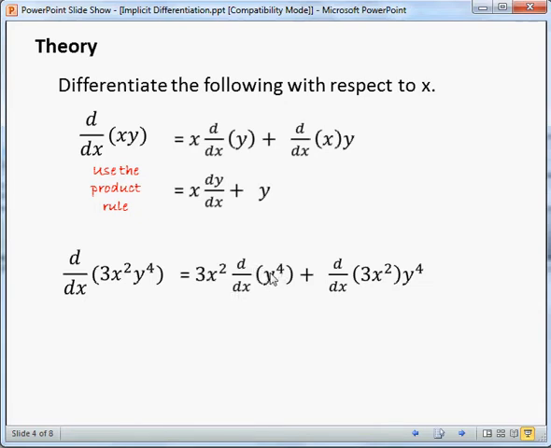The derivative of y to the 4th is going to be 4y cubed times dy/dx. The derivative with respect to x of 3x squared is 6x. Okay, and just simplifying that to finish off, we could take out a common factor if we want, or definitely 3 times 4 is 12.